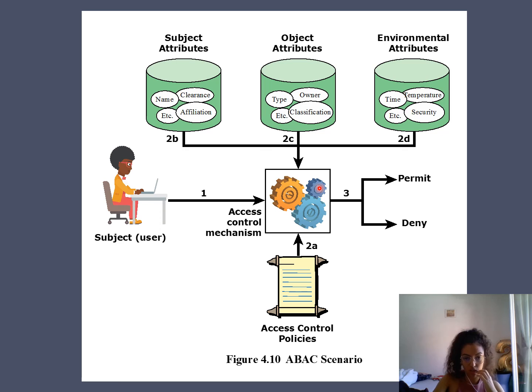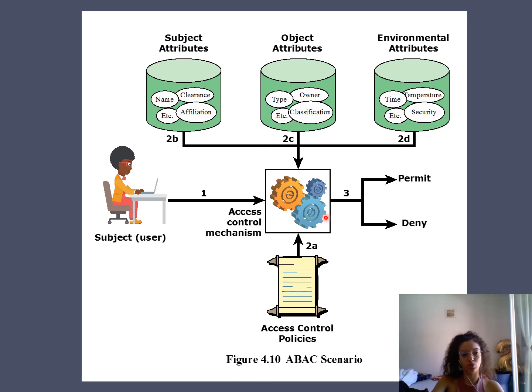The request is routed to an access control mechanism. The second step has to do with the access control mechanism, which is governed by a set of rules, the ones that are defined by a pre-configured access control policy.